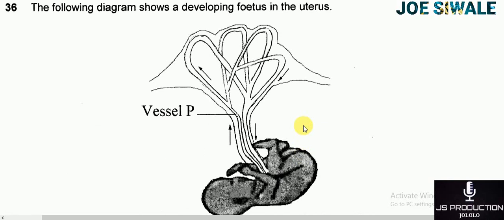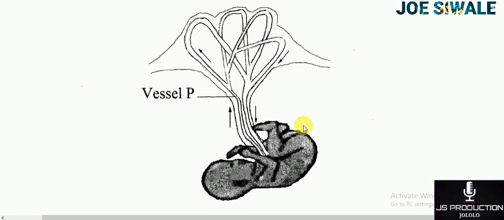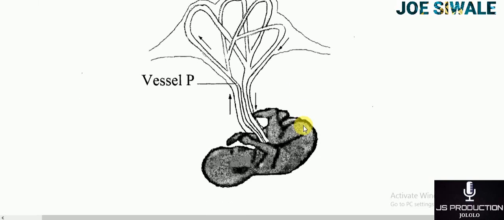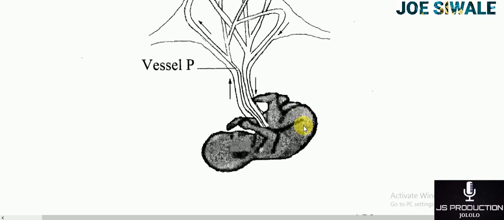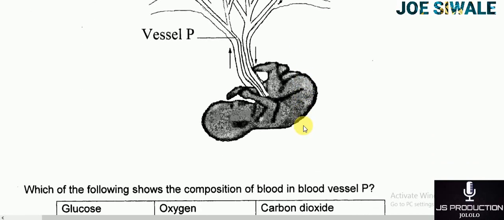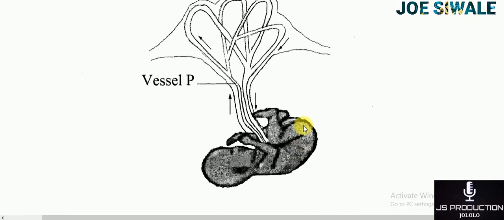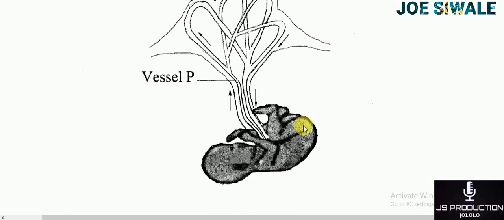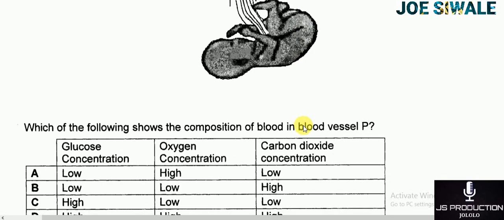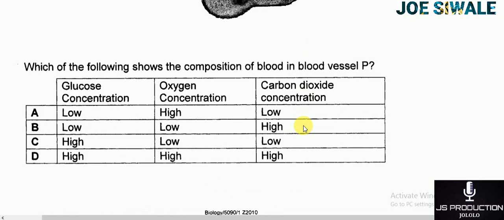Question 36 reads, the following diagram shows the developing fetus in the uterus. So that's the fetus. Then vessel P. So vessel P is transporting blood from the fetus to the uterus. The question proceeds, which of the following shows the composition of blood in blood vessel P?